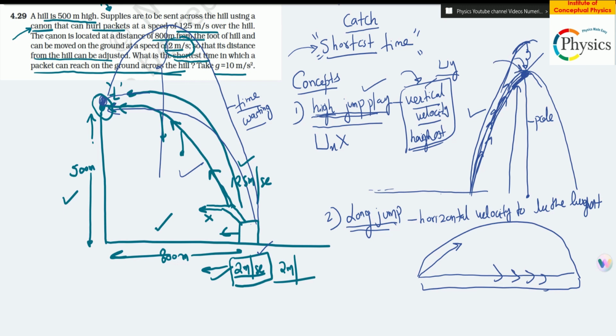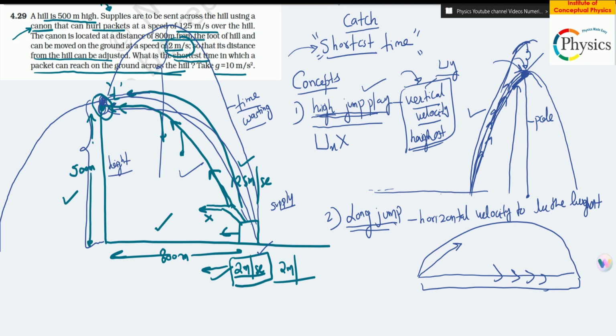Similarly, you should throw this supply in such a way that you're just about able to clear this, and then this becomes the highest point for your supply. So the motion should look like this. You just cross, and then you reach the other side. It's like a symmetrical projectile motion, and this is the highest point of the projectile motion.